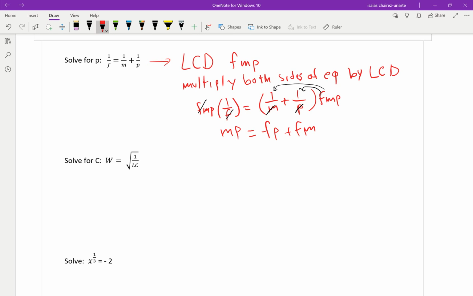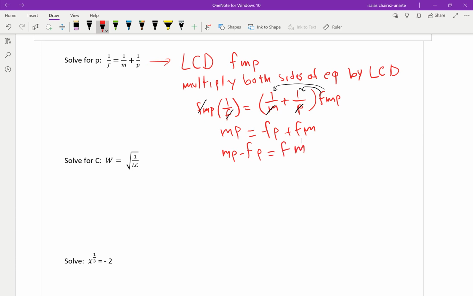And now the last thing I'm going to do is I'm trying to solve for the variable P. I notice that I have P on the left hand side of the equal sign, and then I have a term on the right hand side that also involves the variable P. So I'm going to get both terms on the same side of the equation, the left hand side. That's going to look like this: MP minus FP equals FM.